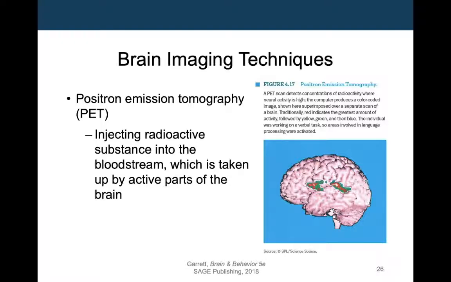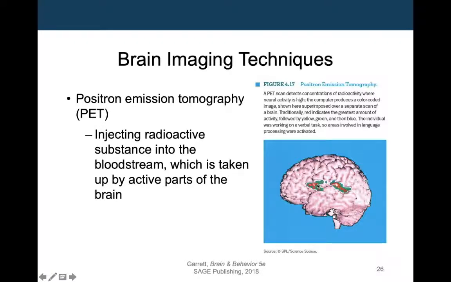Well, that's just what the radioactive substance is. It's injected into the bloodstream and it goes to the most active parts of the brain. So remember, right now we're talking about functioning. When we're talking about active parts, we're talking about brain activity. So this substance goes into the bloodstream and to the active parts that we're interested in looking at, just like you see here.